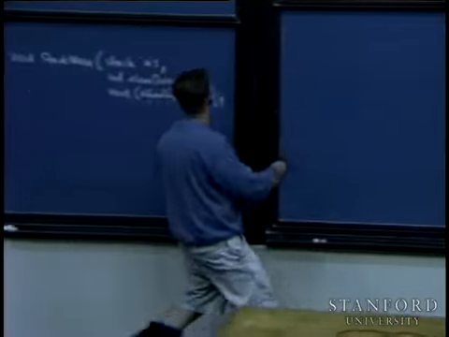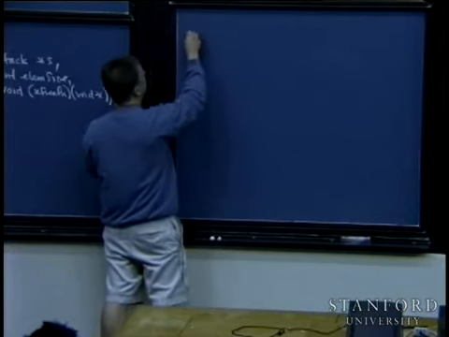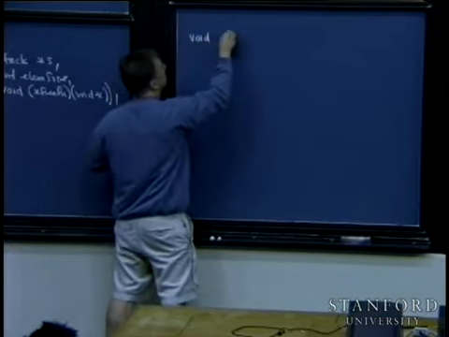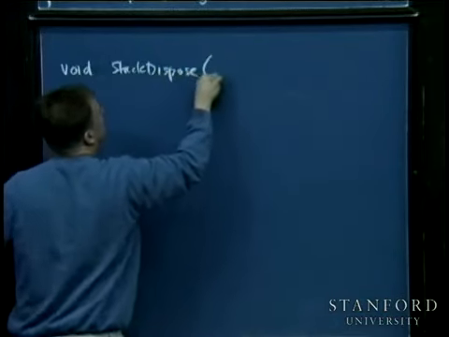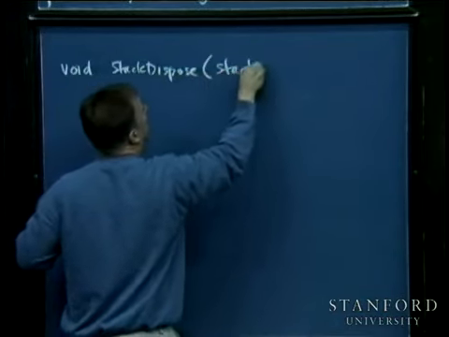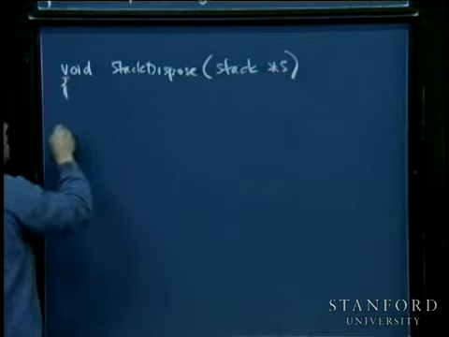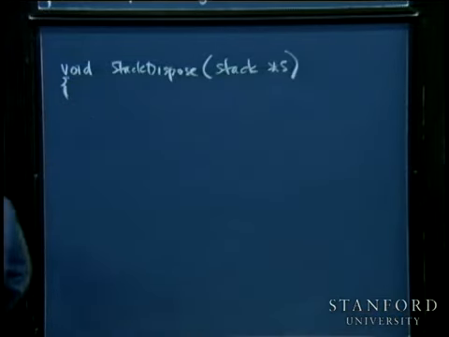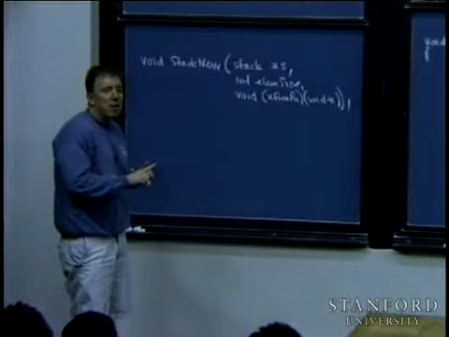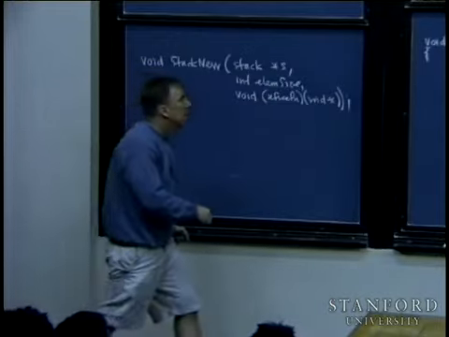Okay. So let me rewrite stack new. I'm sorry, not stack new. This is easy. Let me rewrite stack dispose. Stack asterisk s, understand that now I'm getting the pointer of one of these 5 field structures, where the 5th field is actually either some null pointer or a pointer to a legitimate freeing function.